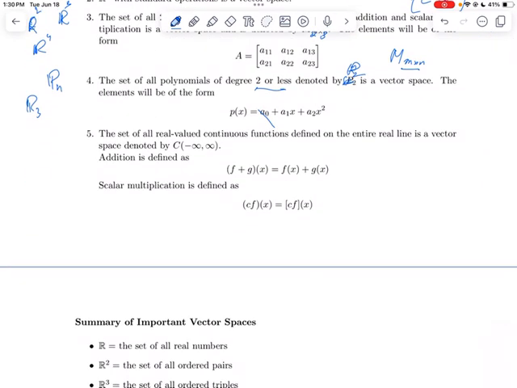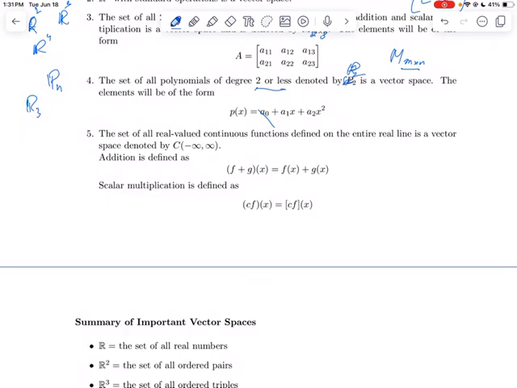Then we have some more kinds of vector spaces. The set of all real-valued continuous functions defined on the entire real line is a vector space, denoted by C(negative infinity, infinity). C is for continuity, and negative infinity to infinity is the domain, because those functions are continuous on the whole real line. Think of the exponential function, but not the logarithmic function, because that is not defined on the whole number line.